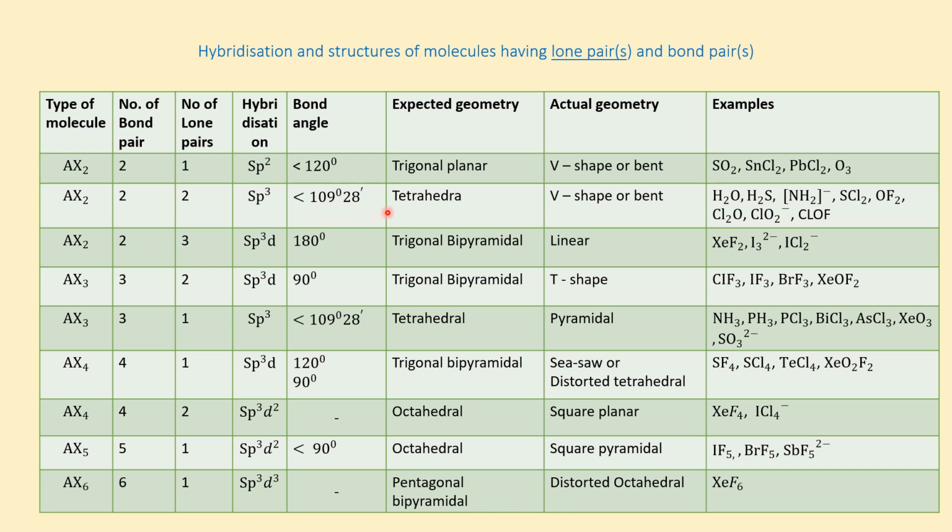The expected geometry is tetrahedron and the actual geometry is V shape or bent shape. Examples are H2O, H2S, etc. So please pause the video and note down all the contents of this table as examples of molecules having lone pairs as well as bond pairs.